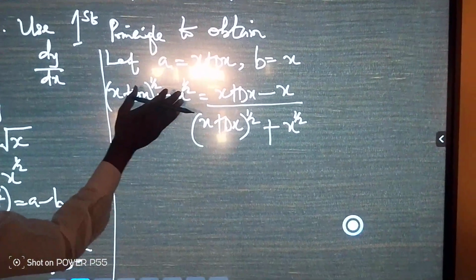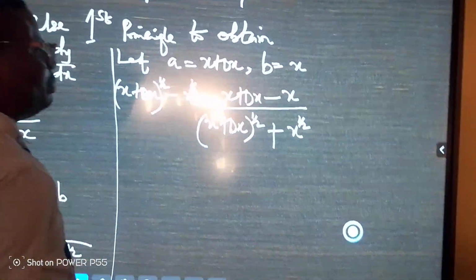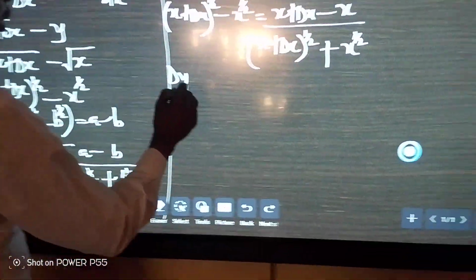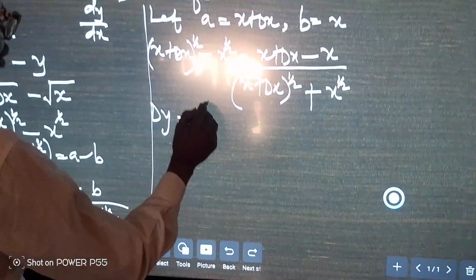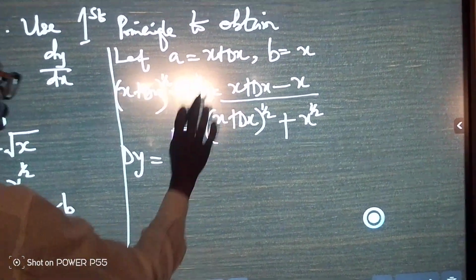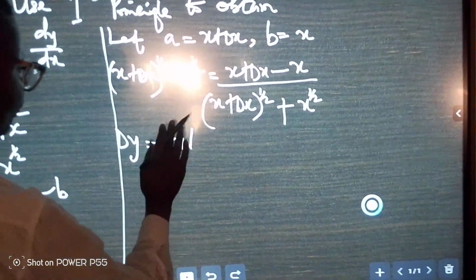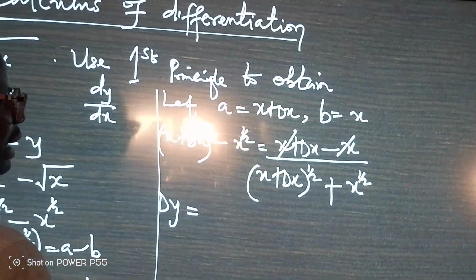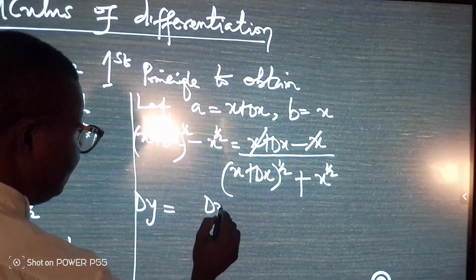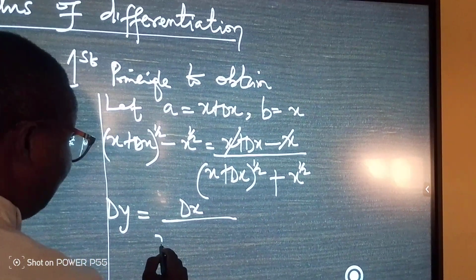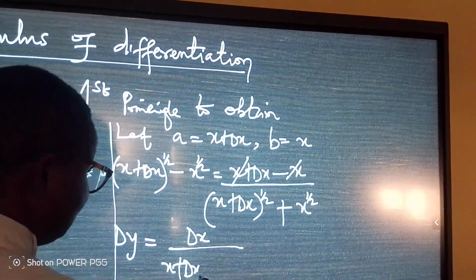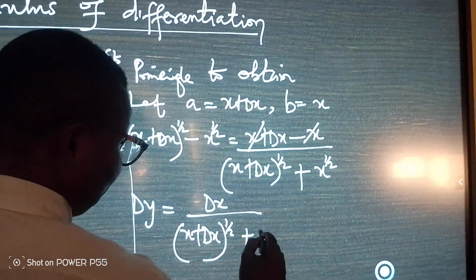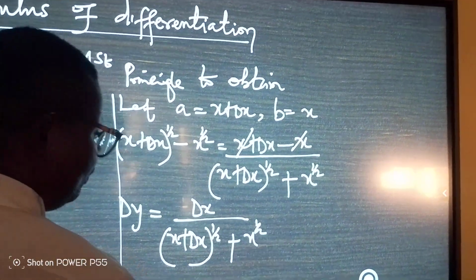So dy now becomes, of course, this x will cancel this minus x, so it becomes dx all over (x plus dx) raised to power half plus x raised to power half.